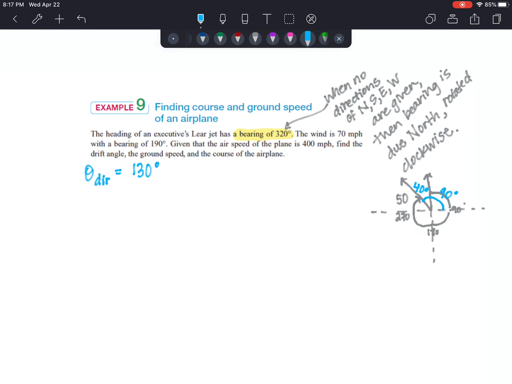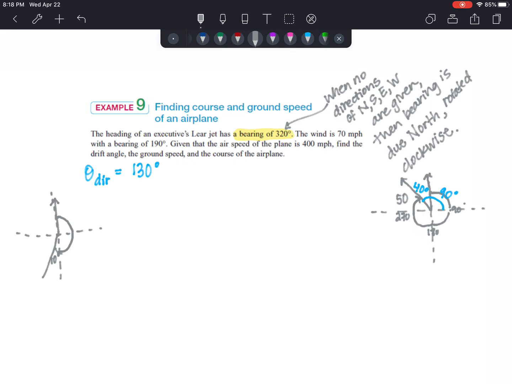The wind is 70 miles per hour with a bearing of 190 degrees. Again, they're using that word bearing, but they're not giving us direction. They're not saying north, east, south, west. So we go due north, and then we turn clockwise 190 degrees. Halfway around is 180, and then another 10 degrees is 190.